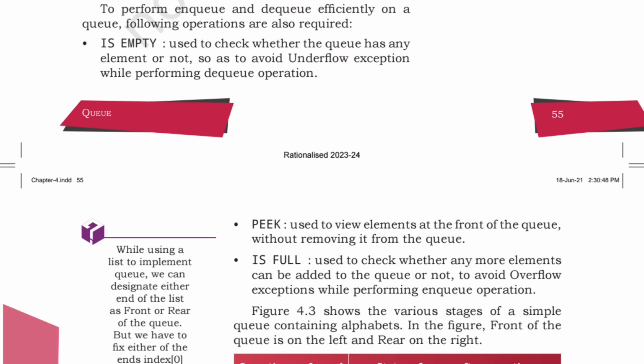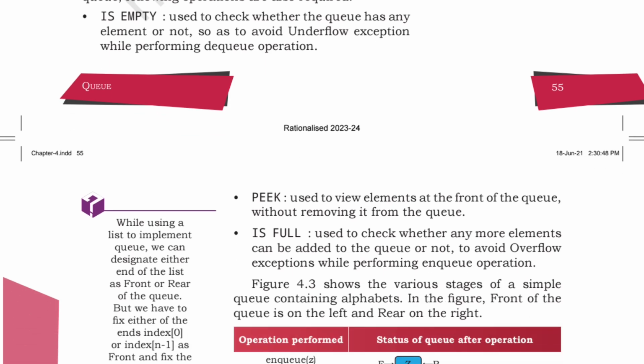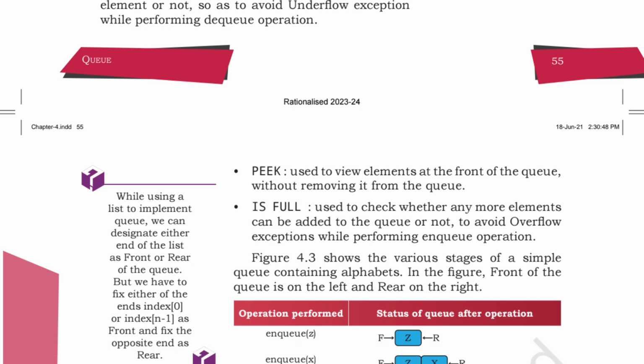Now the next one is peek. It is used to view the element at the front of the queue without removing it from the queue. Peek means what? Used to view the element at the front of the queue. Over here we are using front.